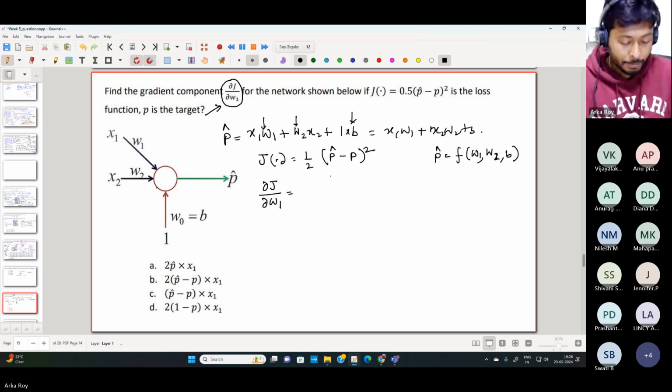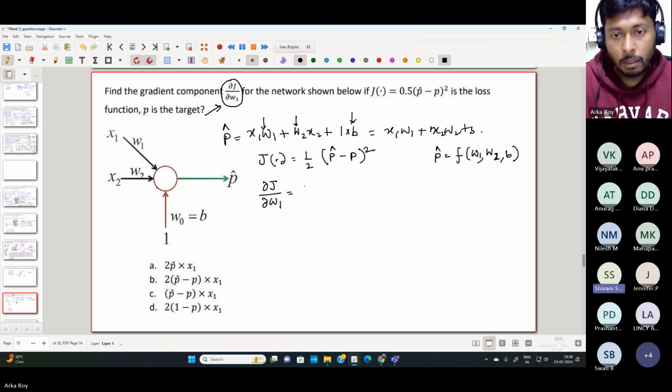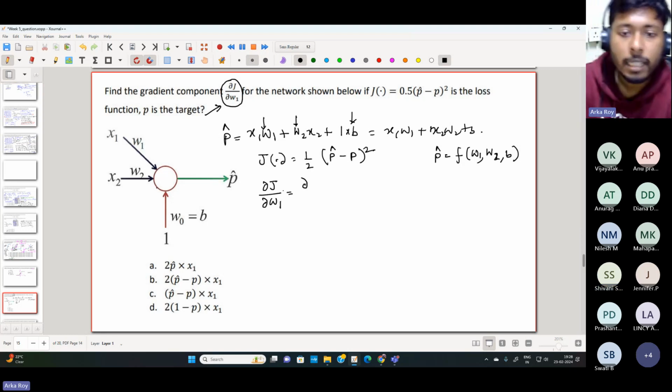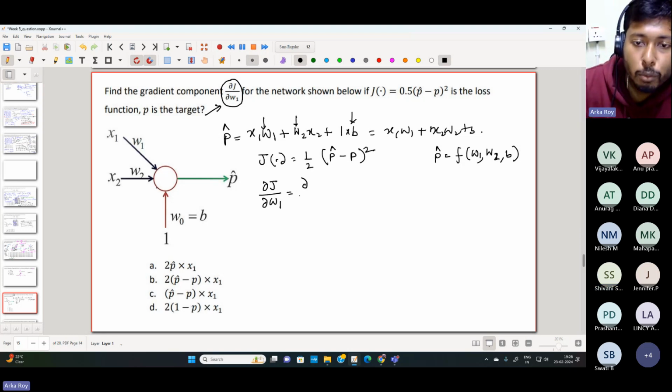If I have to evaluate del J by del W1, how should I proceed with the chain rule?